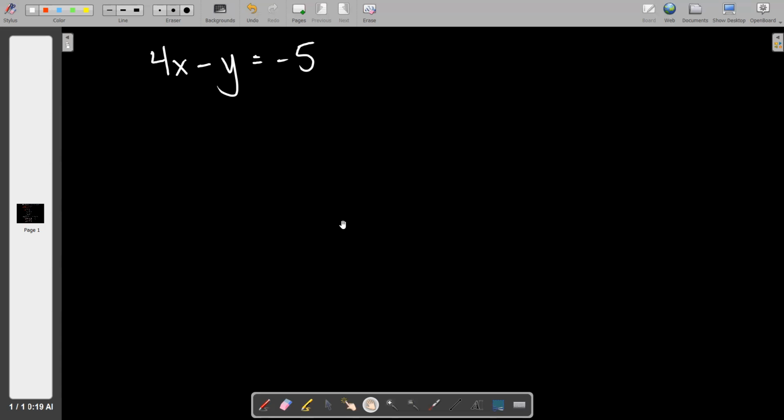What will it say? And then what do you have to do? Which is going to give you what? Yeah. I think it's just y equals positive 4x plus 5, right? Because you moved the 4x and it became a negative.